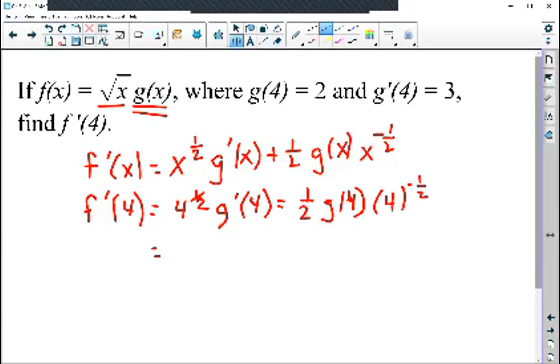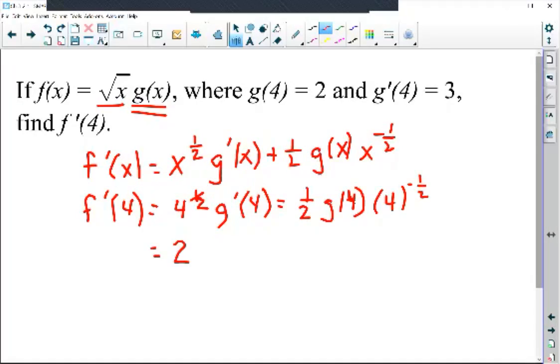All right, 4 to the 1/2 power, 2. Do you mean to put a plus sign in the middle of that? You know what? I put an equal sign, didn't I? Yes, it should be a plus sign. Thank you.